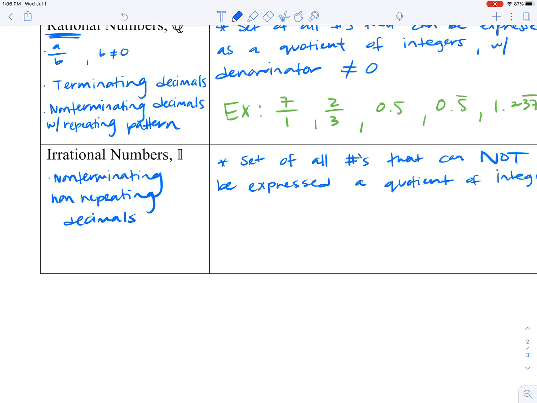there's infinitely many digits. Now, some famous irrational numbers are the transcendental numbers. And we'll talk more about what transcendental numbers are once we get to chapter 2 in pre-calc honors, and we talk about polynomials and their roots.